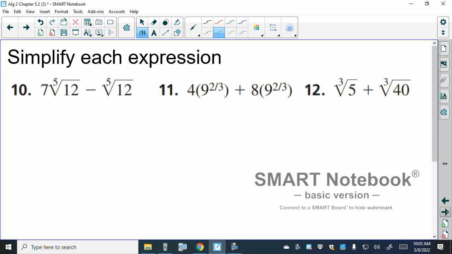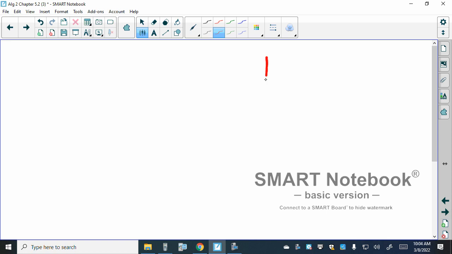All right, let's look at some more. The calculator can simplify some of these, but it has issues with indexes of 3 or higher. So the ones that we were looking at the other day that did simplify well are the 1 over, say, the square root of 3 minus 2.